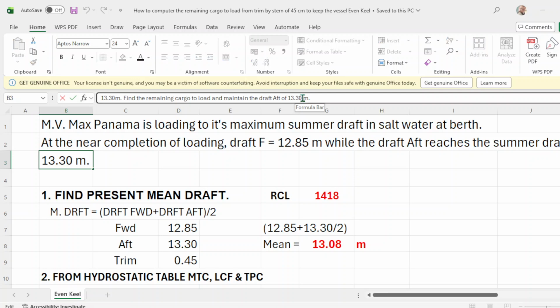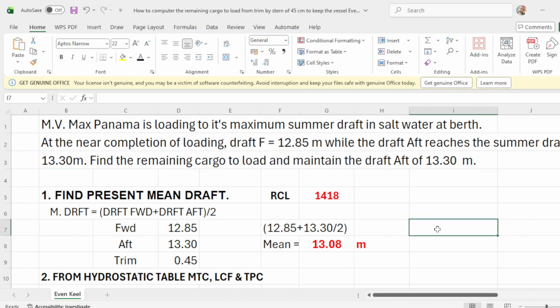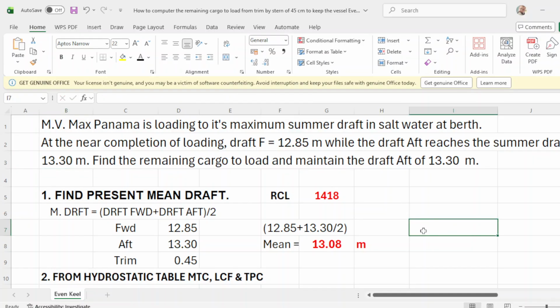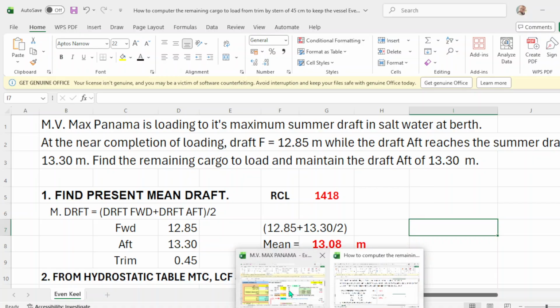Find the remaining cargo to load and maintain the draft aft of 13.30 meters. Meaning we maintain this one. This is your summer draft, which is this one, guys. I'll show you the summer draft.